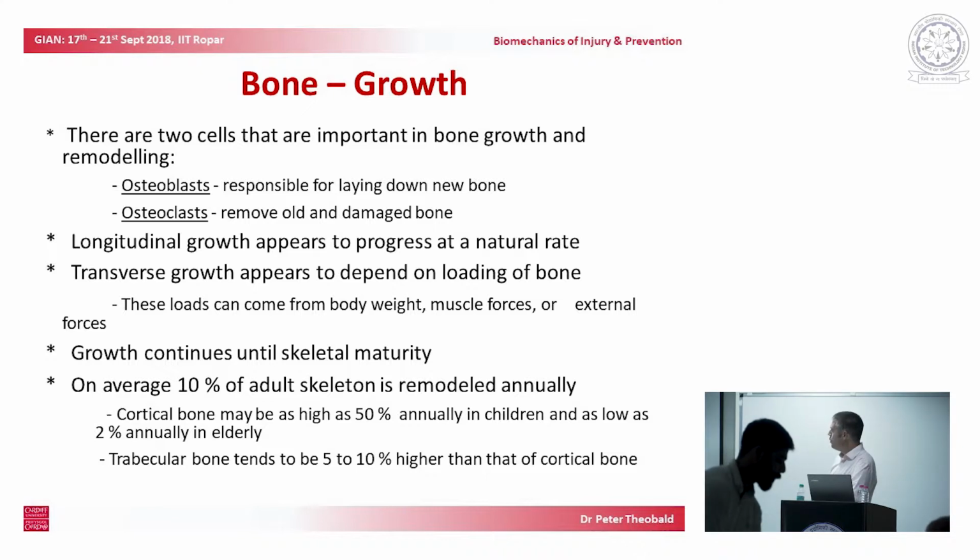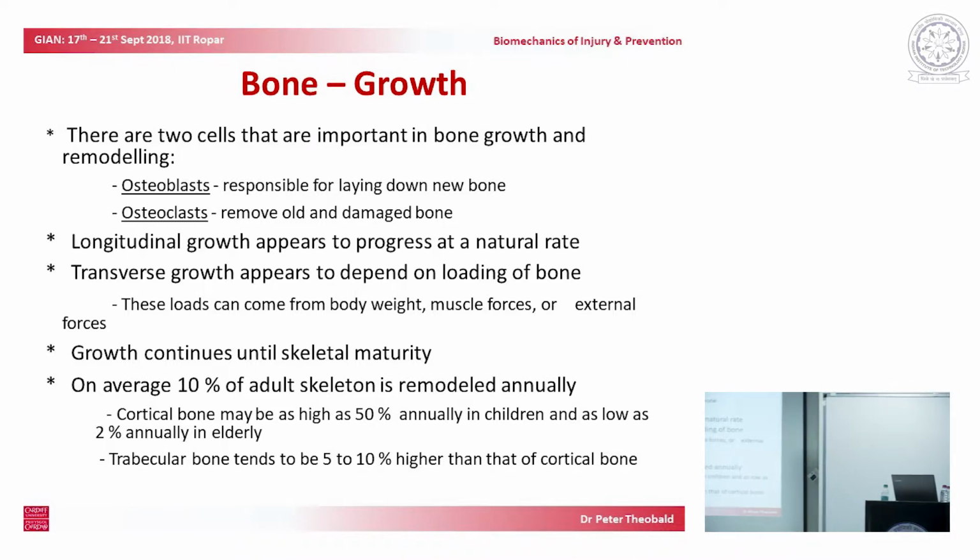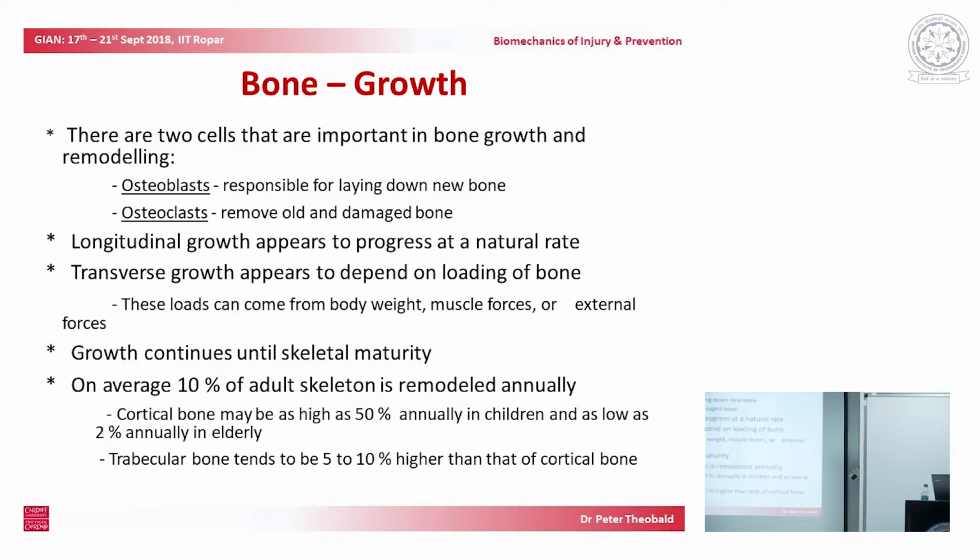So the ability of bones to grow and to remodel is substantial. It's significant. Were that trait not to exist, then if we were to get some kind of fracture, the ability for us to repair it would be limited.